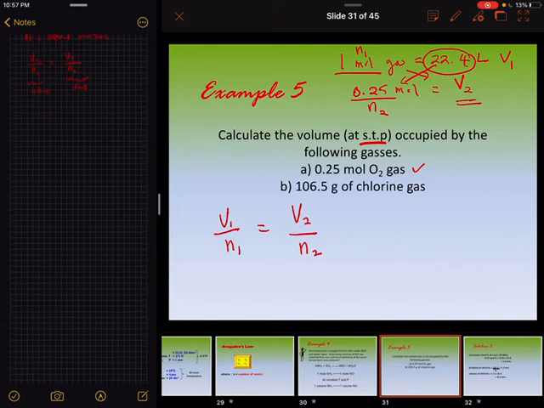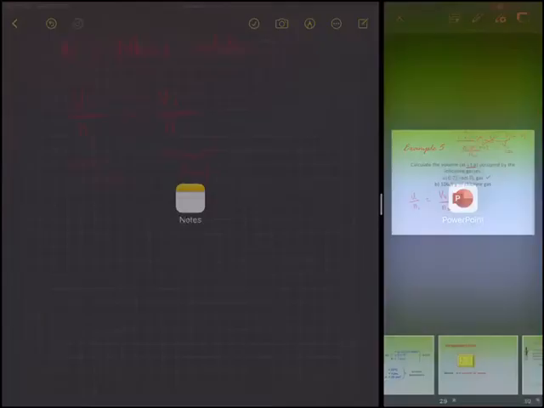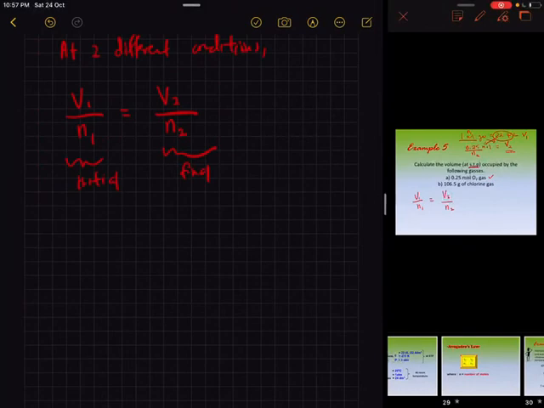Okay, so by insert the nilai, kita balik kat sini. So V1 is 22.4 liter over N1. N1 is berapa? Yap, 1 mole equals to V2.